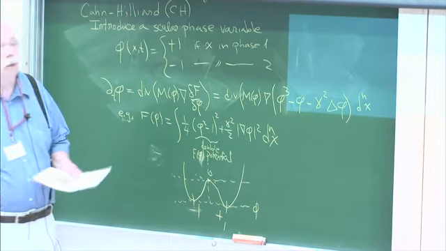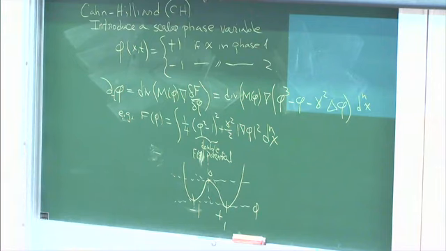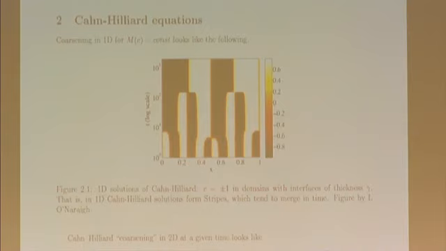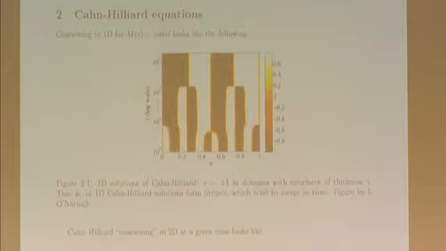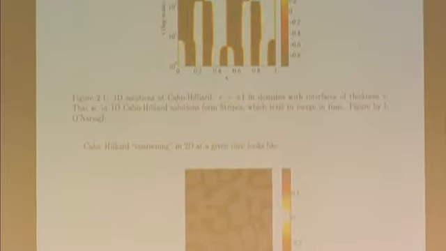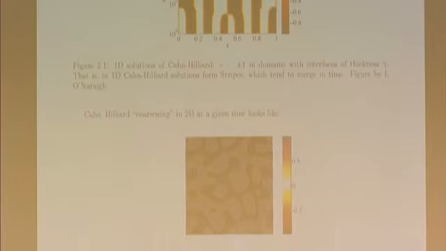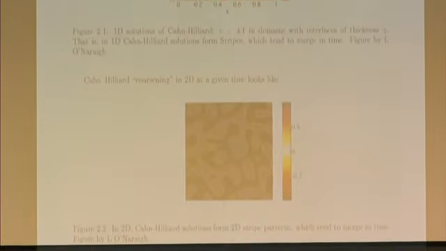Okay, and the dynamics in that case, in one dimension they have stripes, and the stripes merge and get wider. In two dimensions, they have patterns, which are sort of stripe-like patterns, which merge, and they eventually turn into one black blob.